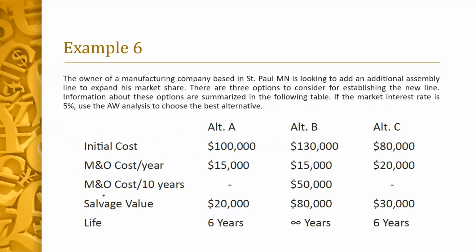Okay, example number 6: the owner of a manufacturing company based in St. Paul, Minnesota, is looking to add an additional assembly line to expand his market share. There are 3 options to consider for establishing the new line. Information about these options are summarized in the following table. If the market interest rate is 5%, use the annual worth analysis to choose the best alternative.